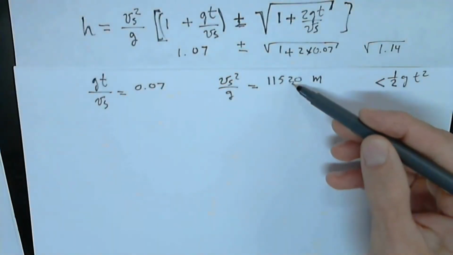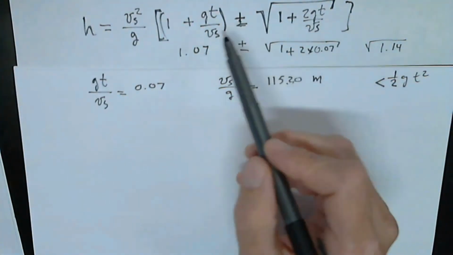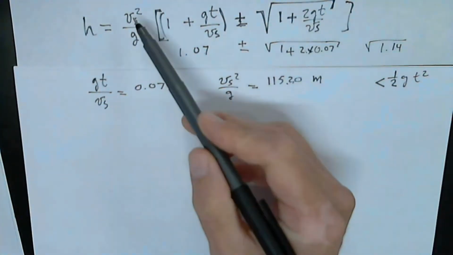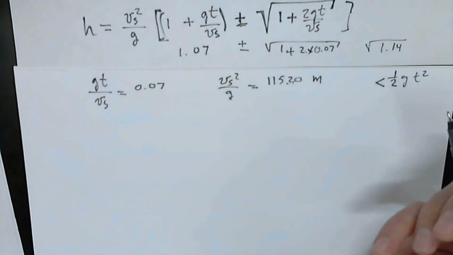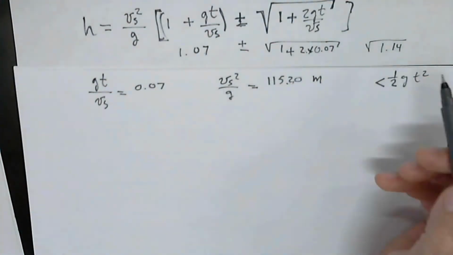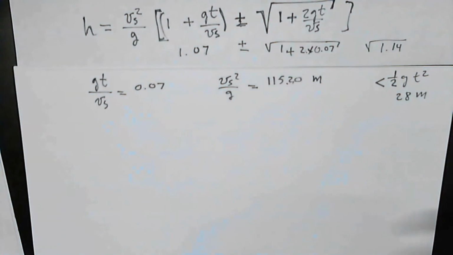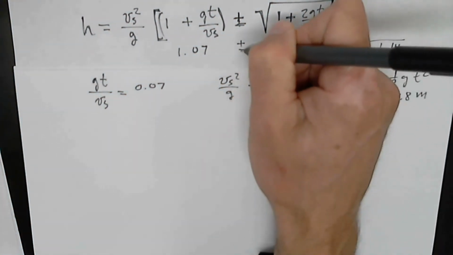And this is going to be twice. If you use the plus, this is 1 and this is close to 1. So twice this is 20,000 meters. It makes no sense because you need to be less than 28 meters. So it has to be the negative solution.